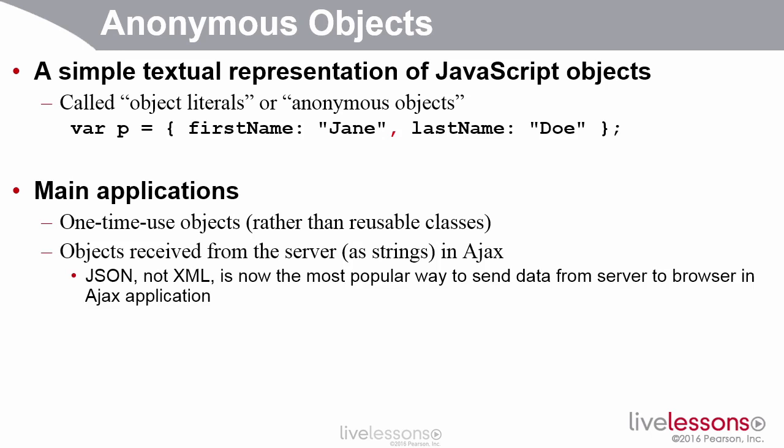AJAX is a way of having JavaScript make a network connection to the server, get some data back, parse that data in some way, and insert the result into the page. Well, JSON, which is called JavaScript Object Notation, is basically an anonymous object that comes in as a string from the server. And it looks just like the string above, or very similar to it.